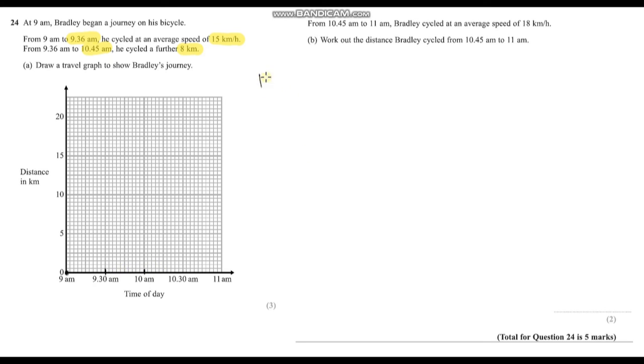So let's write this up here. So 10 squares equals 30 minutes. So therefore one square must be equal to 3 minutes. So where is 9:36? So that would be 9:33. That would be 9:36 here.